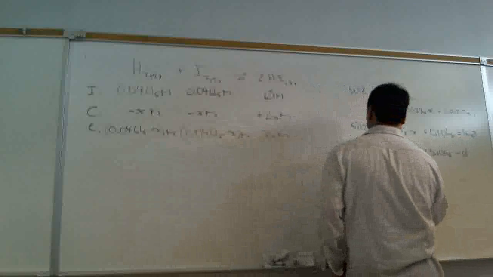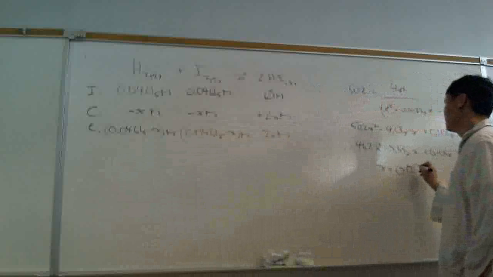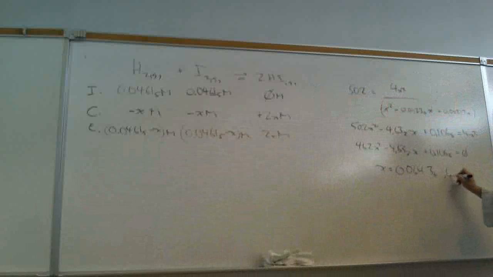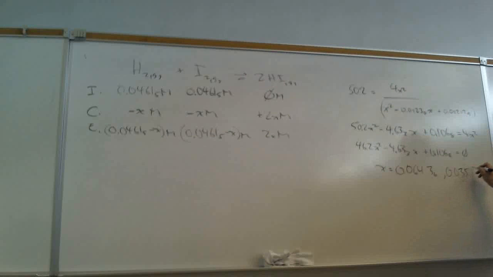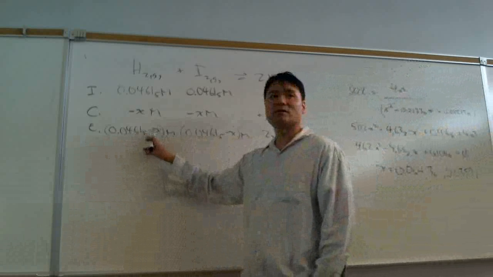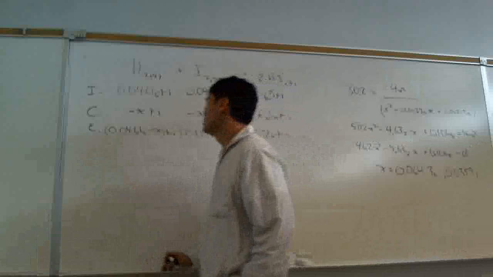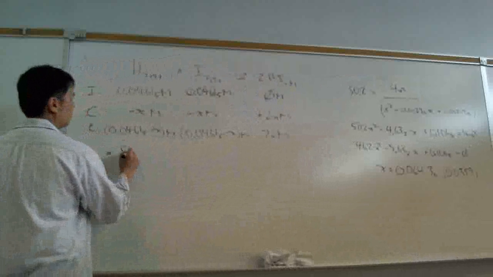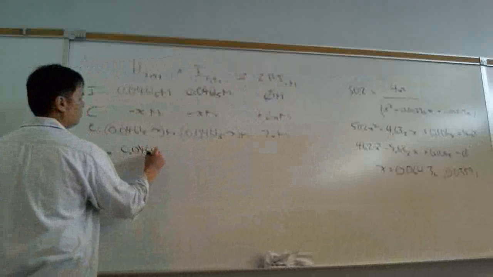The x is going to equal 0.06436 or 0.03591. The 0.06 can't be, because 0.04 minus 0.06 is going to go negative. So let's go ahead and use 0.03591. So 0.04615 minus 0.03591.